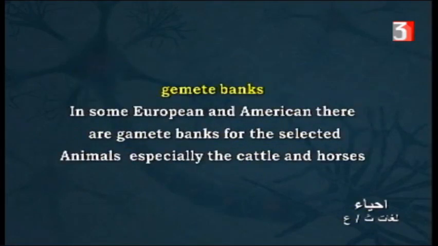What are the gamete banks? This bank is not found here in Egypt; it is found in America and Europe, where males or females can store a number of ova or sperms to produce a baby at a later time. Gamete banks mean banks for storage of the gametes, the sperm for the male and the ovum for the female.